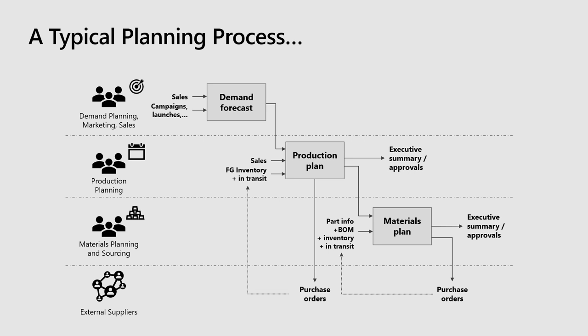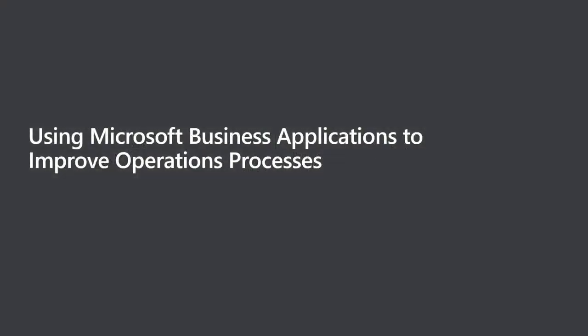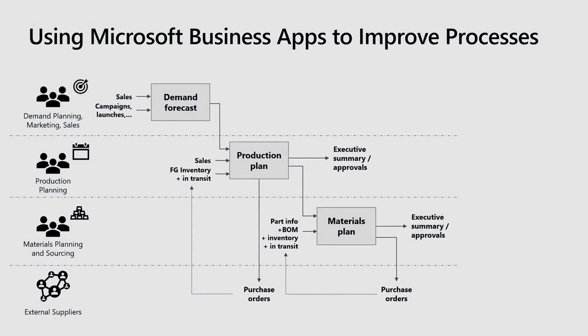They're putting together their plan, and then they pass it on to a materials team that is exploding that into the individual components. So without going into too much detail here, I just want to go over the key elements that you can do in order to improve the process and get ahead of the game and have the best business outcome.